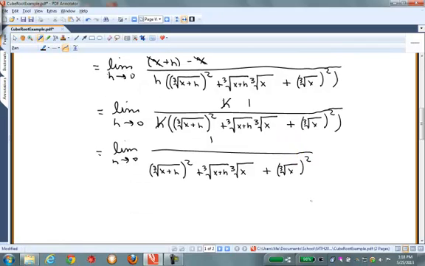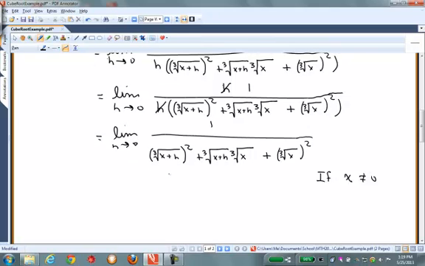And provided x is not 0, the limit of this as h approaches 0 is going to be 1 over, well, as h goes to 0, this will just become the cube root of x squared. All right, and then as h goes to 0, this will be a cube root of x times a cube root of x again.